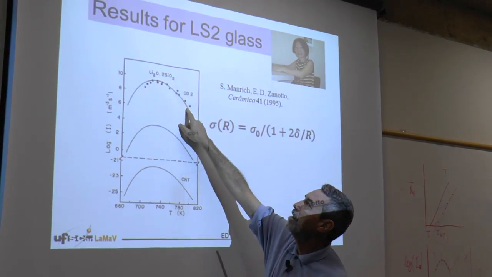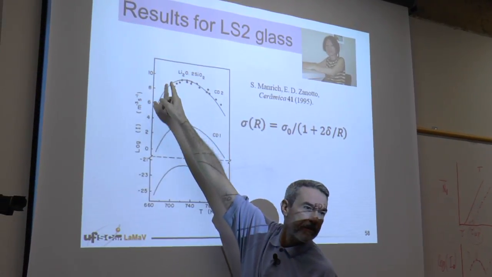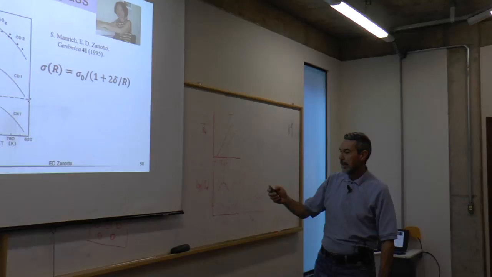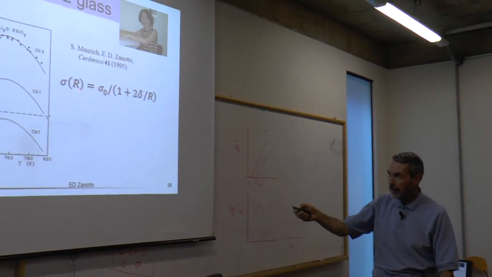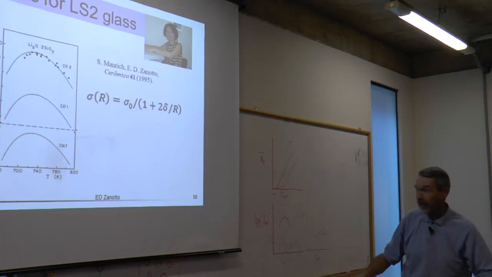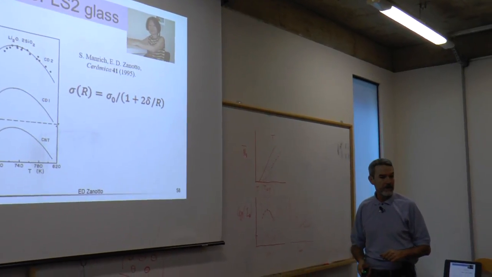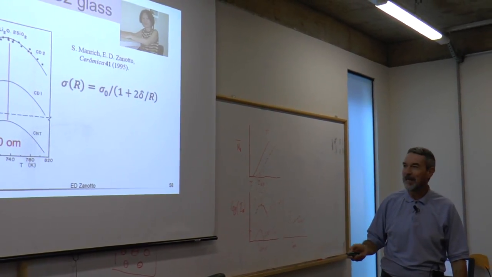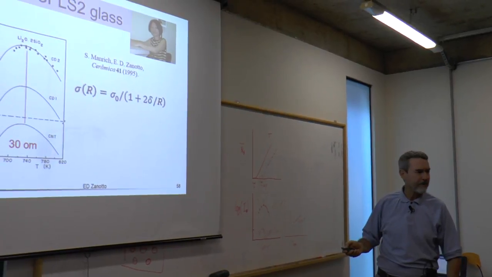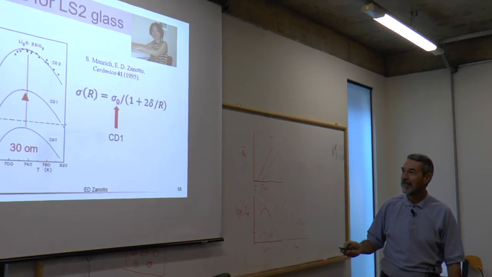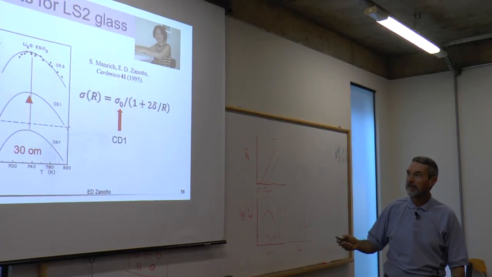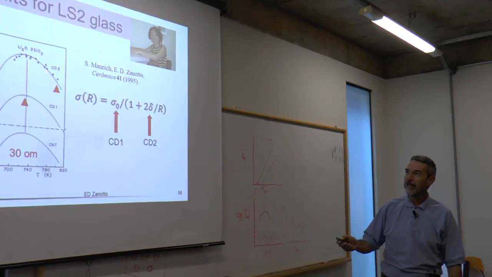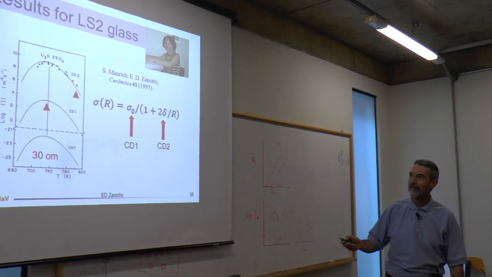It underestimates here and overestimates here. Even with two adjustable parameters, using now a size-dependent surface energy instead of a temperature-dependent surface energy. I know this is kind of complicated, but we can discuss later, after the class. One adjustable parameter, we get this curve here. Two adjustable parameters, we get this other curve here.